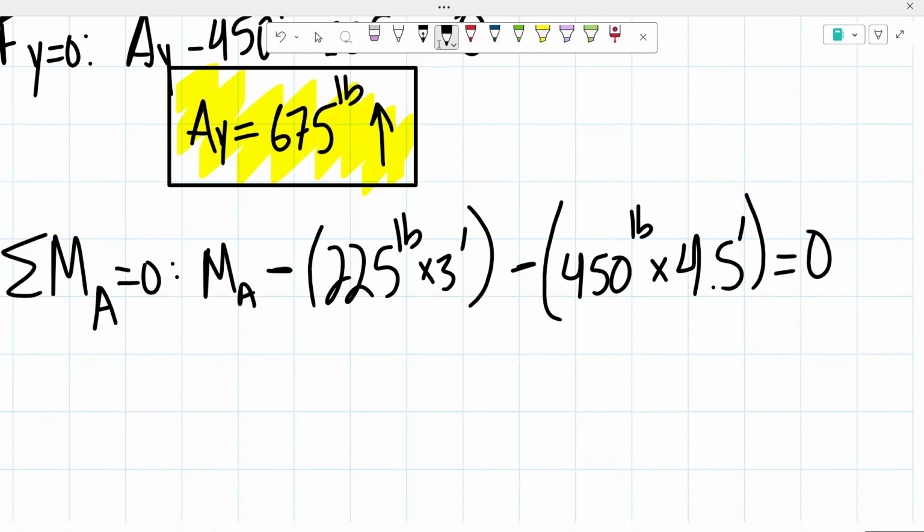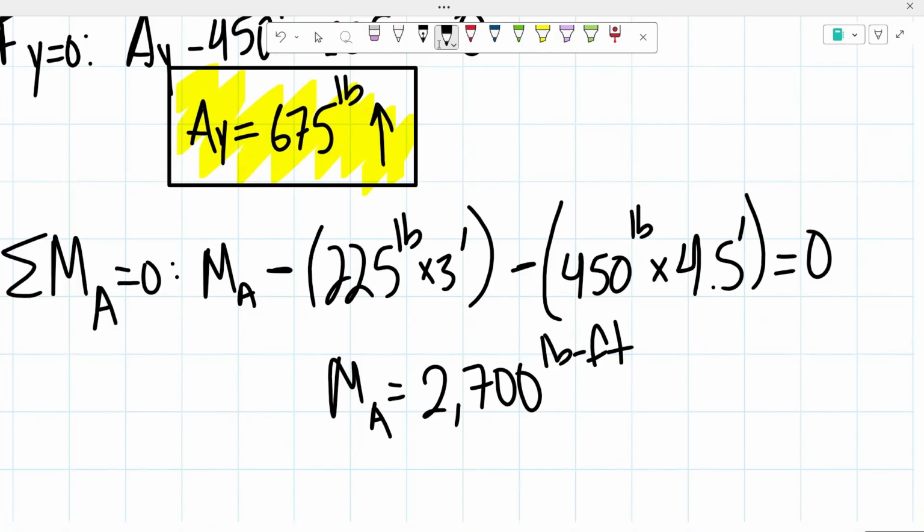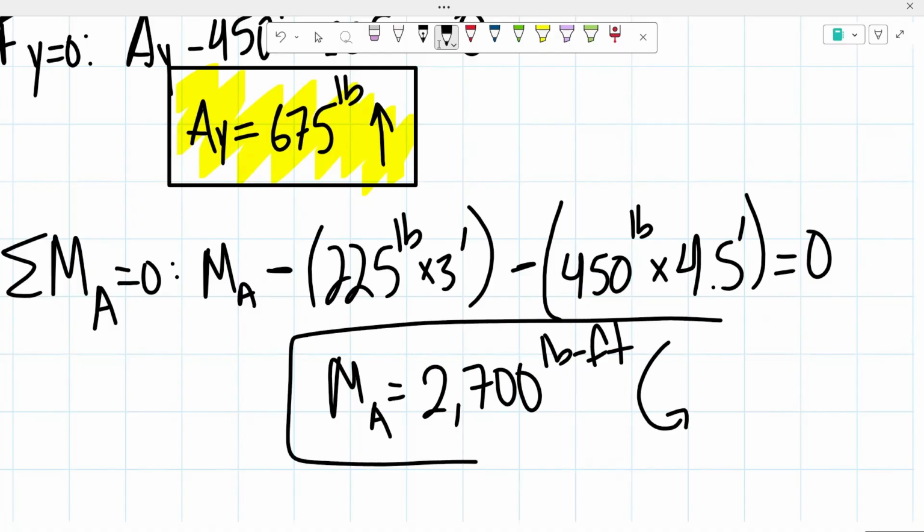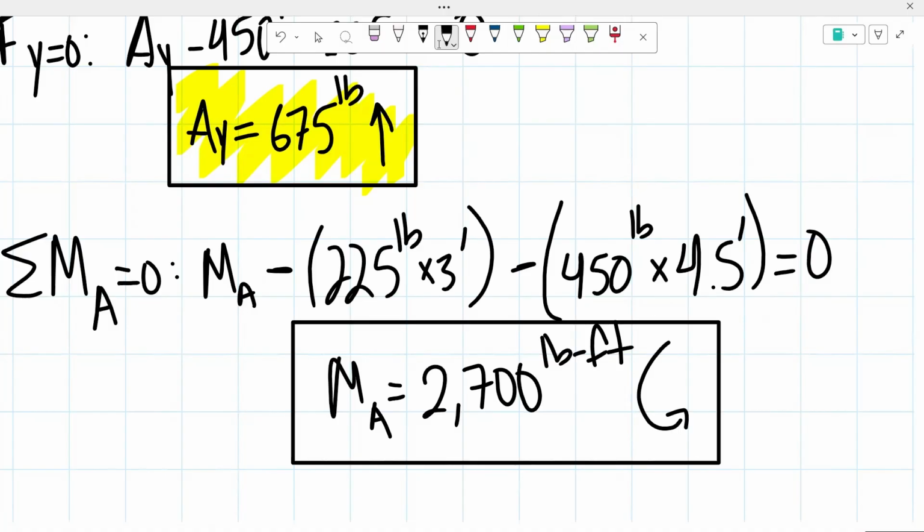We know that that has to equal 0. So if we solve this for the moment at A, we end up getting that our moment at A is equal to 2,700 pound-feet. This number came out positive, meaning we assumed correctly. So we do know that the moment at A is going to be going counterclockwise. And with that, we are done calculating the reactions for the beam.